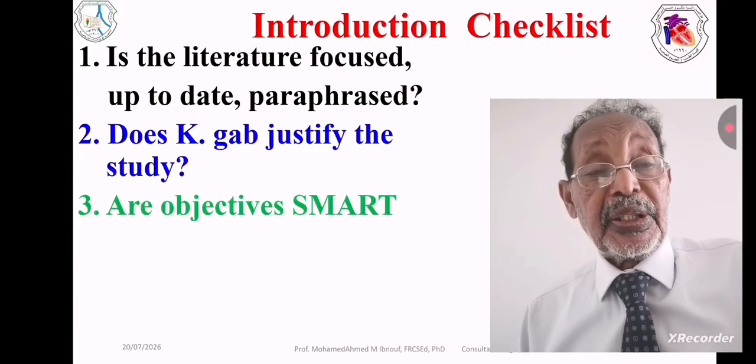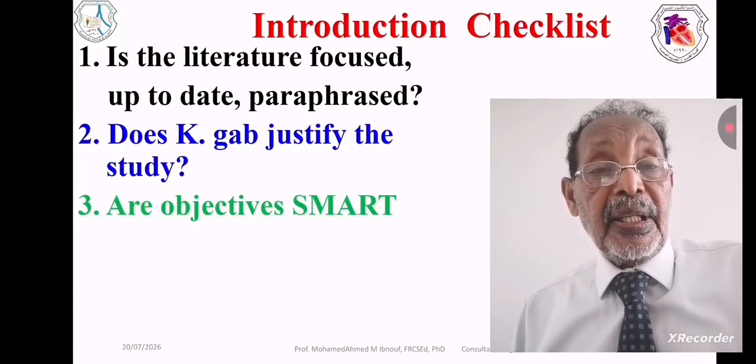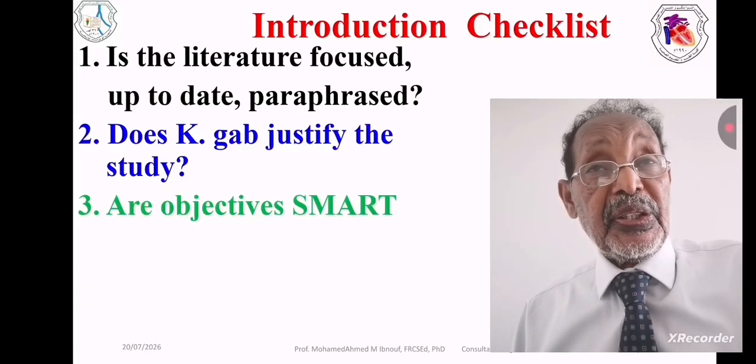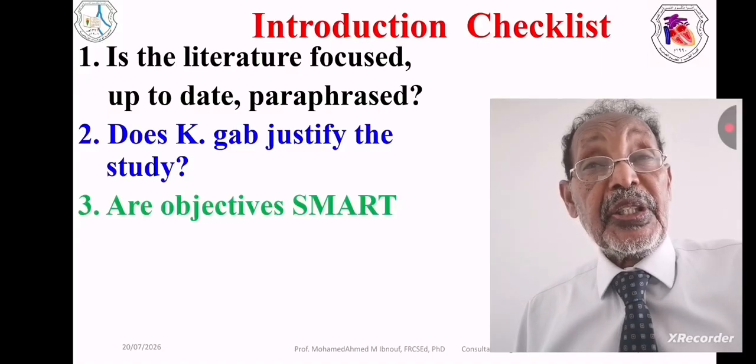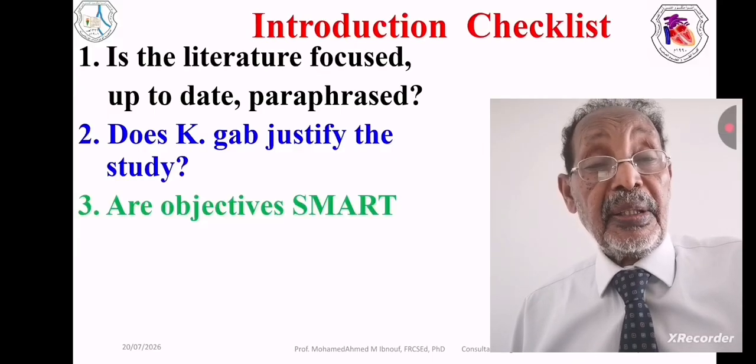Here I will show you some checklists, and we better all the time have a checklist for your introduction because it is foundational, as I said. Is the literature focused? Is it recent? Is it authentic? Is it written in your own words? Is it cited? The citation numbers are written correctly?